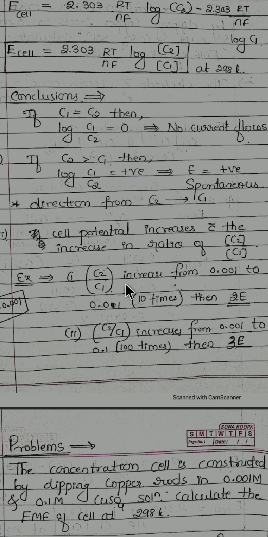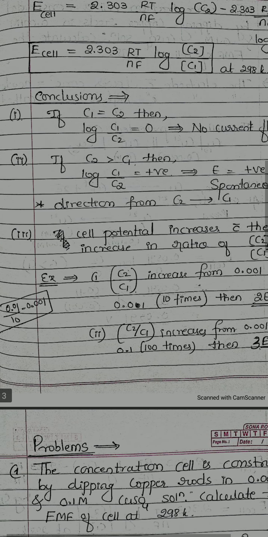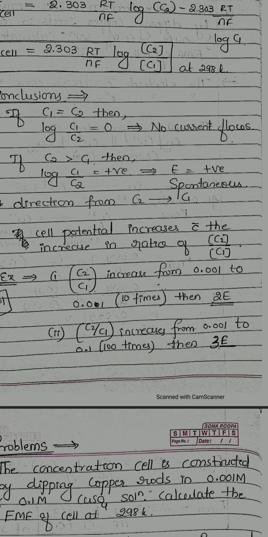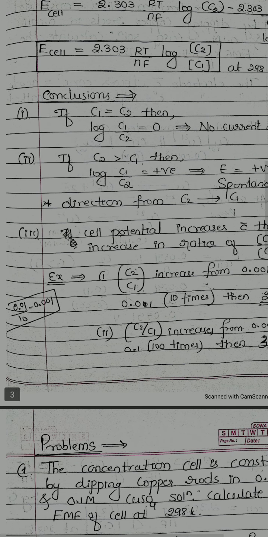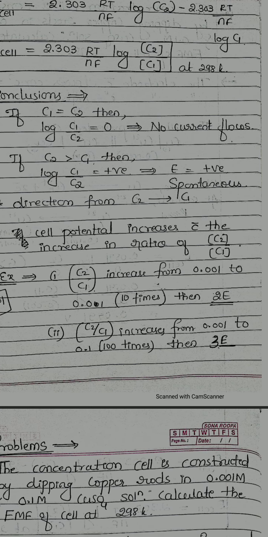See, in the first example, the concentration ratio C2 divided by C1 increases from 0.001 to 0.01. That means 10 times. How are you getting this 10 times? You just divide 0.01 by 10, then you will get 0.001. That means it is 10 times of that.